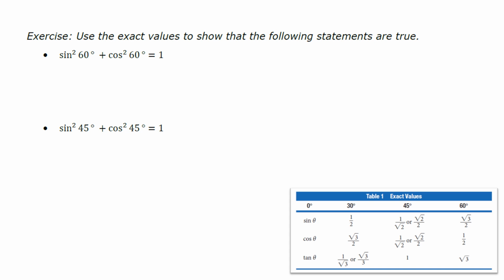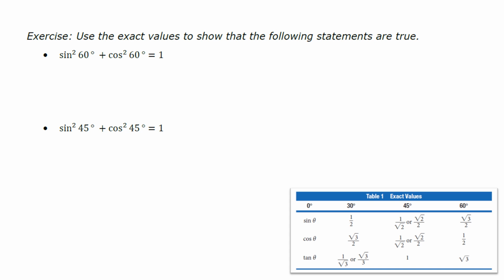So in our first exercise here, we're asked to use the exact values to show that the following statements are true. So the first one says sine squared 60 degrees plus cosine squared of 60 degrees equals 1.